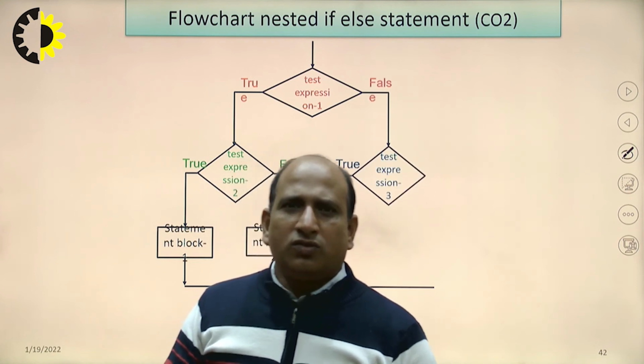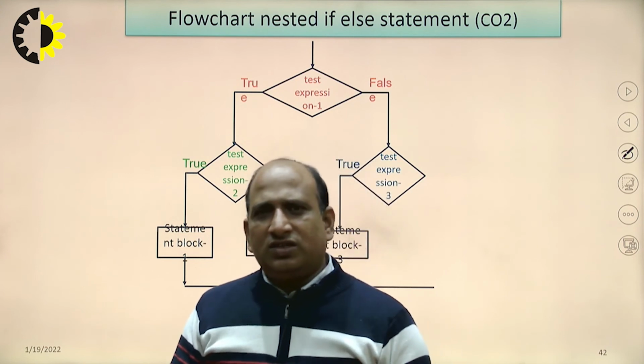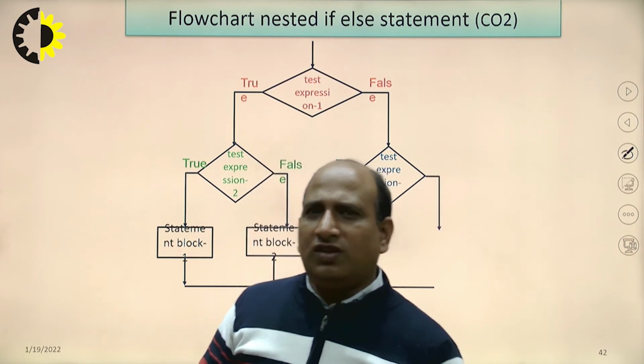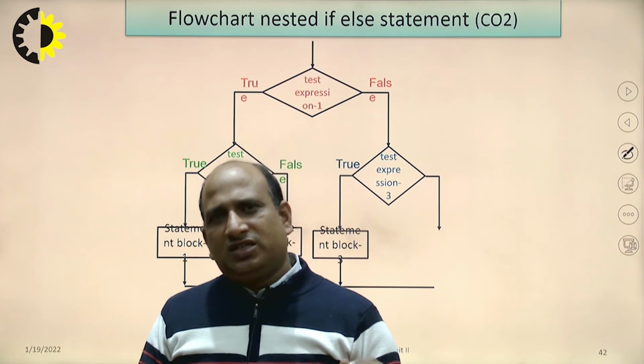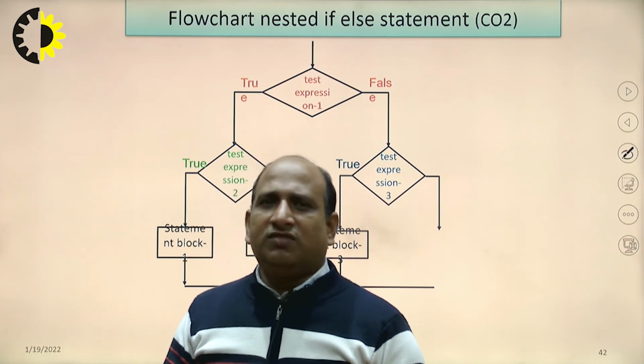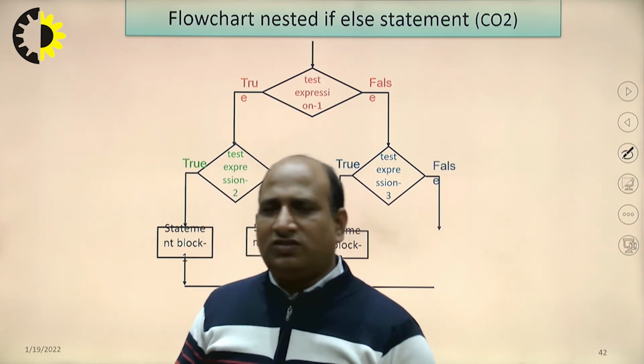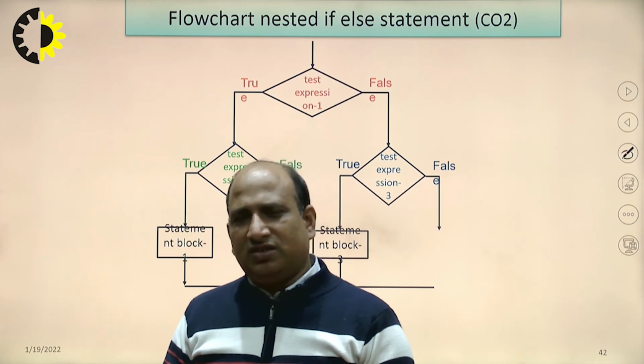If it is true, statement block 3 executes, otherwise statement block 4 executes, and finally the statement after the nested if else will execute. This is the flow chart for the concept that we have just covered.